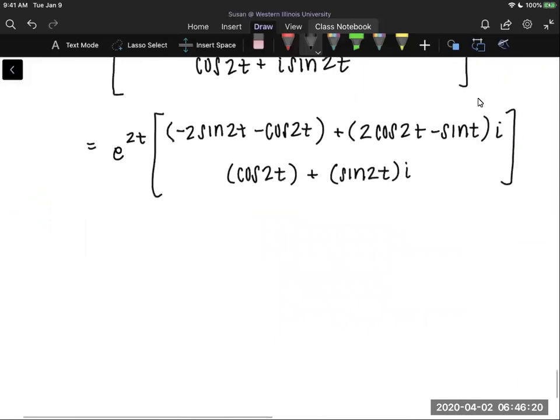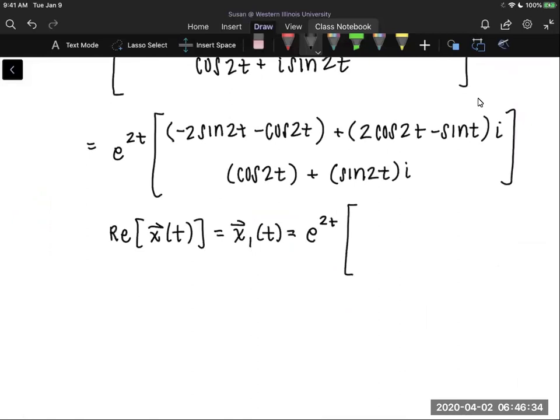So we have the real portion of x of t is going to become our x1 of t, and that is e to the 2t times negative 2 sine 2t minus cosine 2t, and then just a cosine 2t on the bottom.